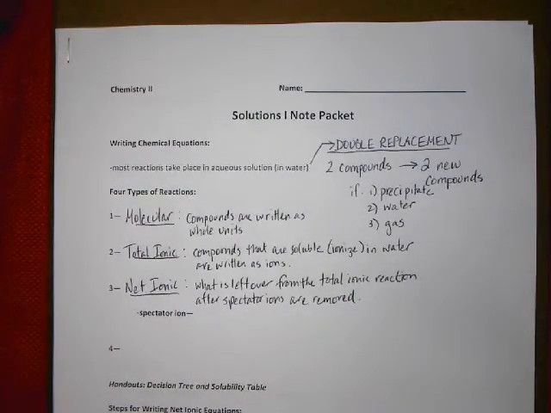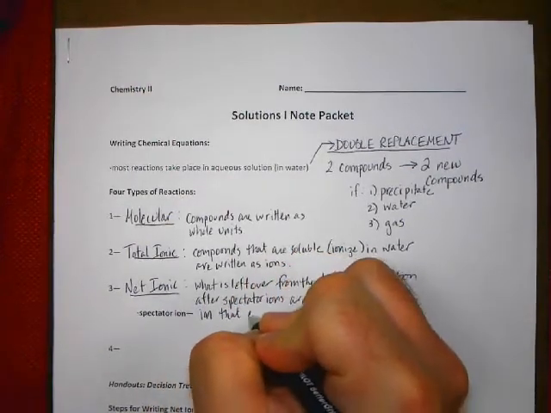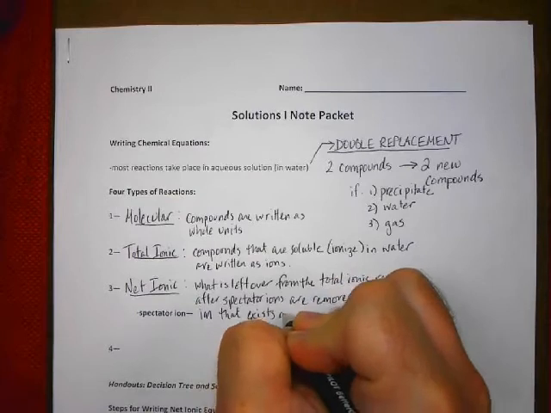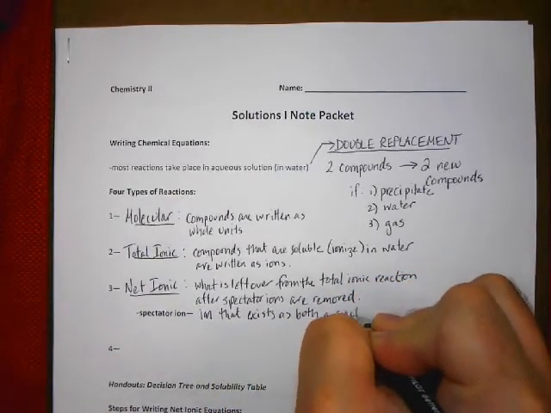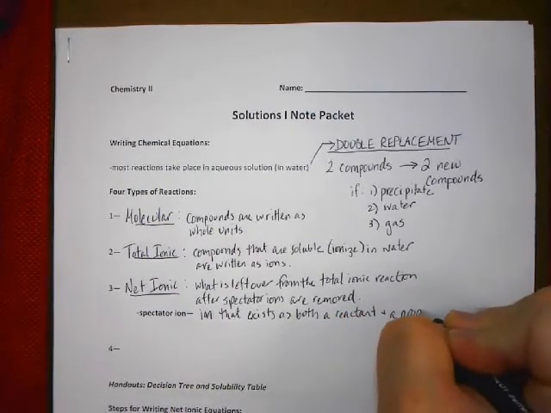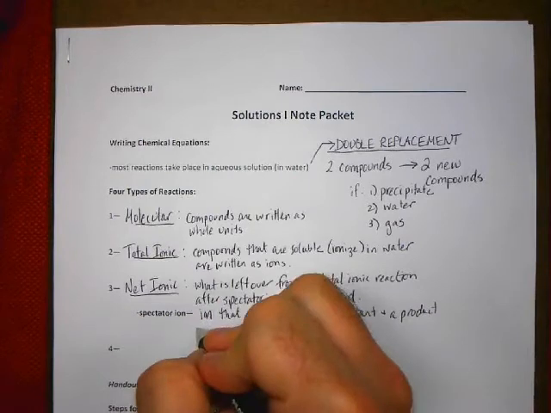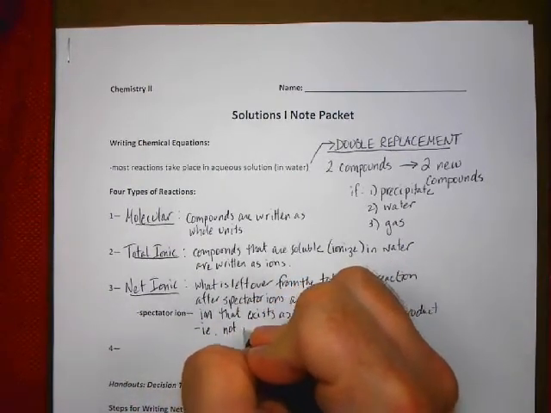Well, it's just like a sports spectator. They watch what's going on, but they really don't participate in the game. So this is an ion that exists as both a reactant and a product. In other words, it's not part of the reaction.